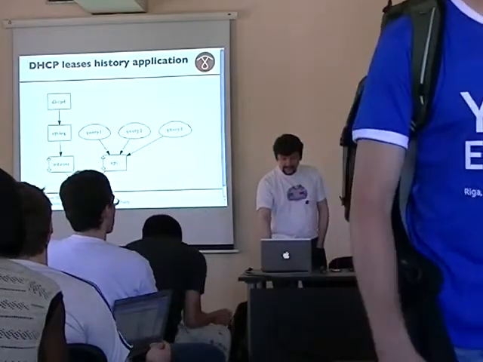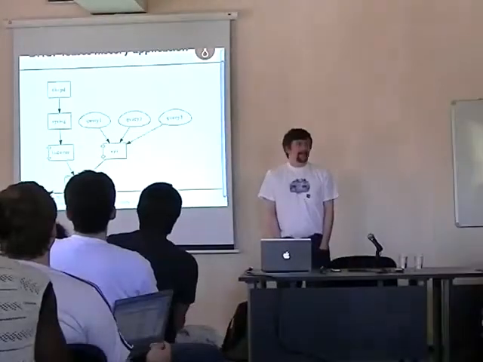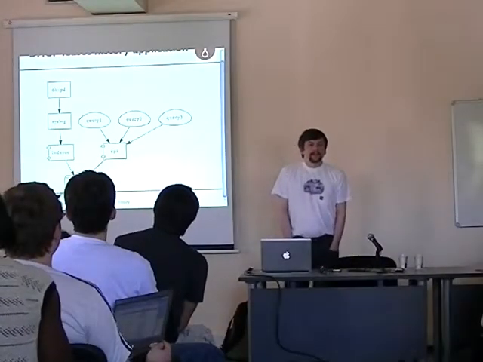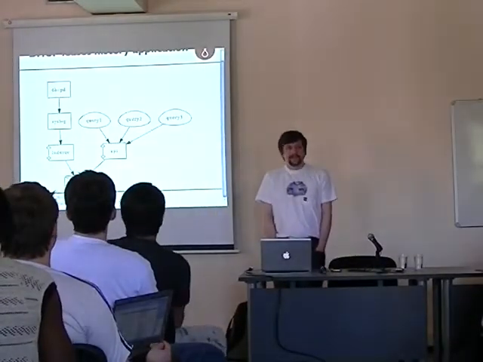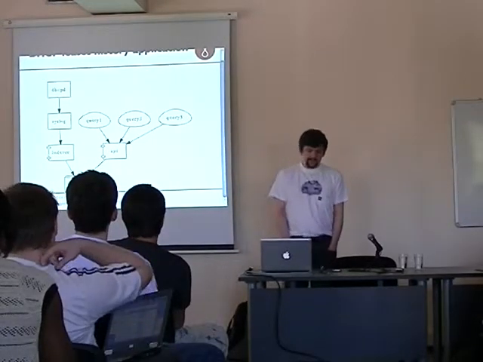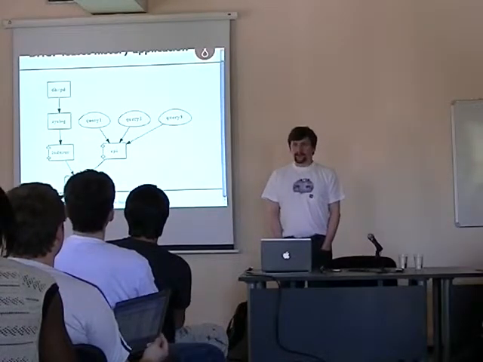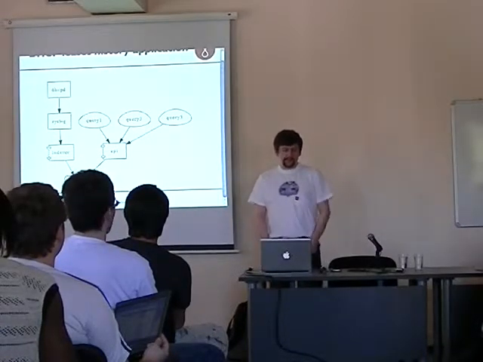So, to keep it practical, we've had an indexing of DHCP leases application. Basically, we had a DHCP daemon which was putting all the information about leases it creates and hands out to syslog.